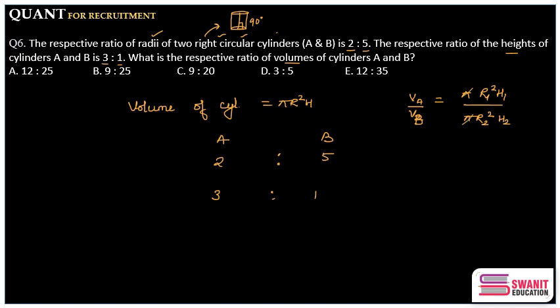Now understand, R1 and R2 are in the ratio 2:5, but since there is a square, they go with square, whereas H1 and H2 are in the ratio 3:1. So upon solving, I get 4 multiplied by 3, and similarly over here 25 multiplied by 1. So my values are 12 is to 25. So straight away my answer is option number A.